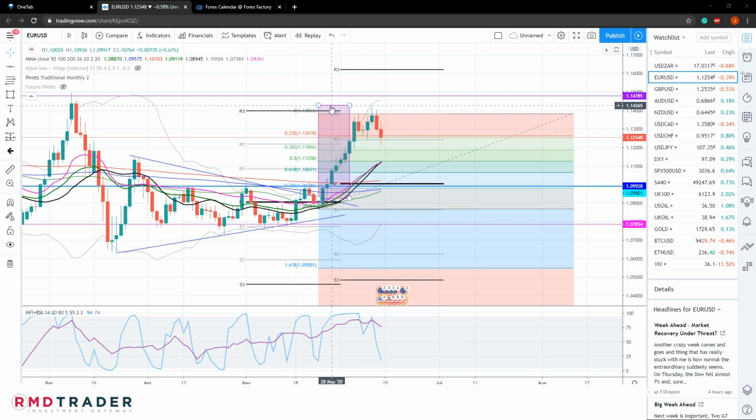And just looking at our Fibonacci retracement level from here, we can see that we do have quite a lot of areas of support going all the way down to the monthly pivot level, which is my current target, as that will also coincide with the 200 SMA on the daily time frame.